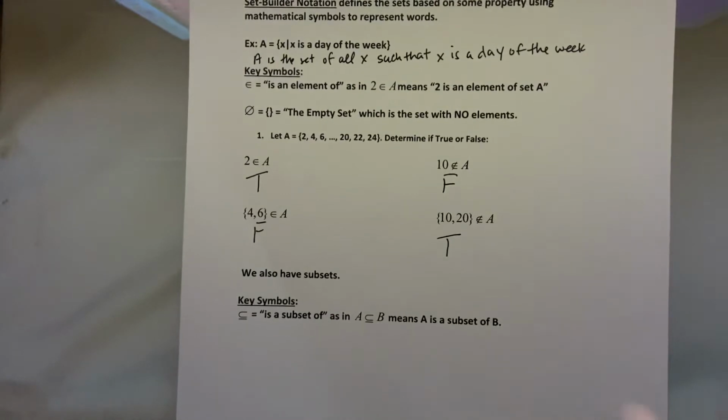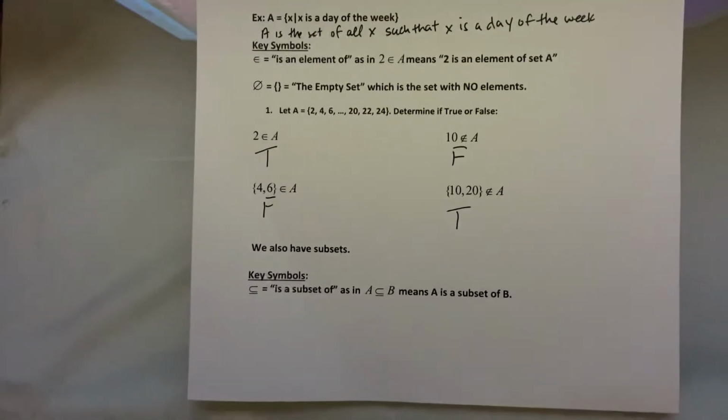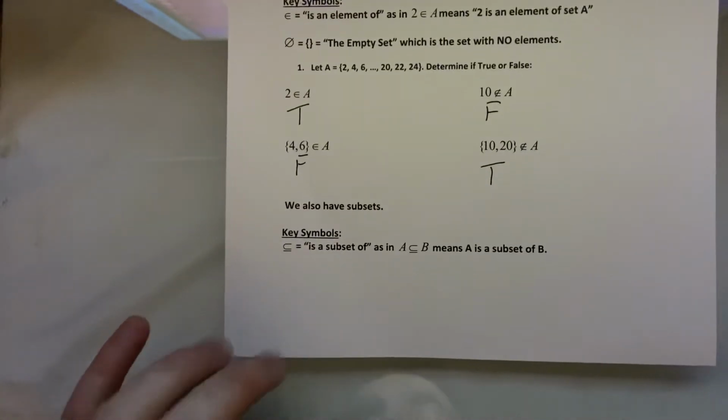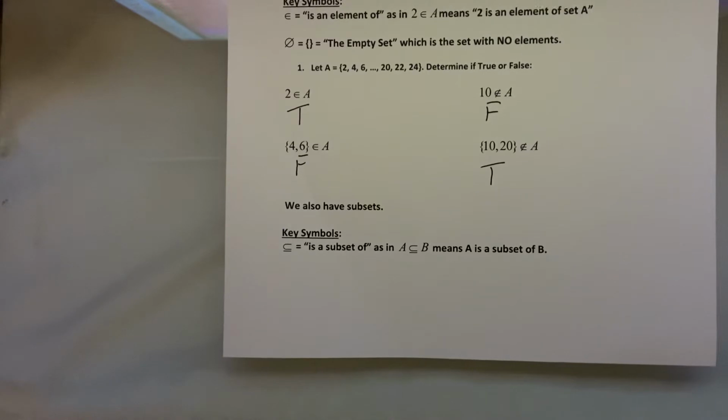Yeah, so when you see a line through the element symbol, that means "not an element of." Now, we also have subsets. So the key symbol for subsets almost looks like a less than sign, but it has a rounded upper portion. It means "is a subset of."